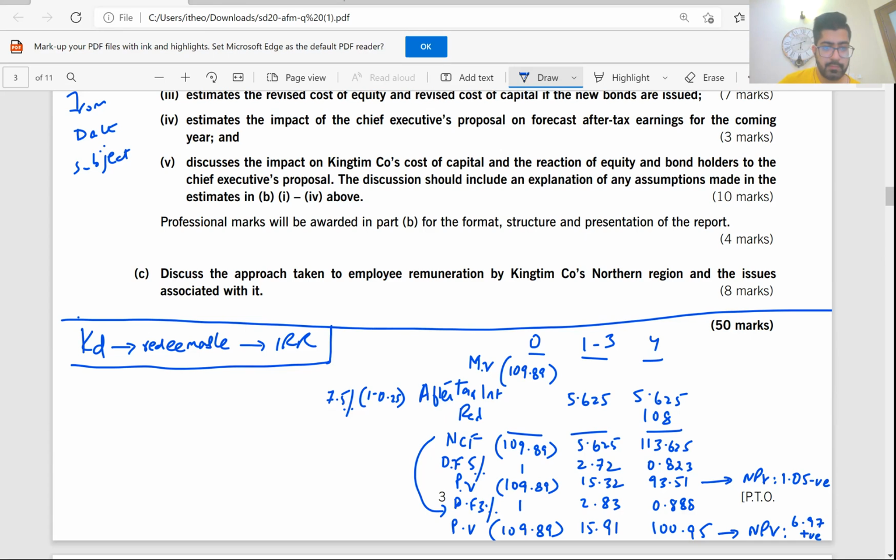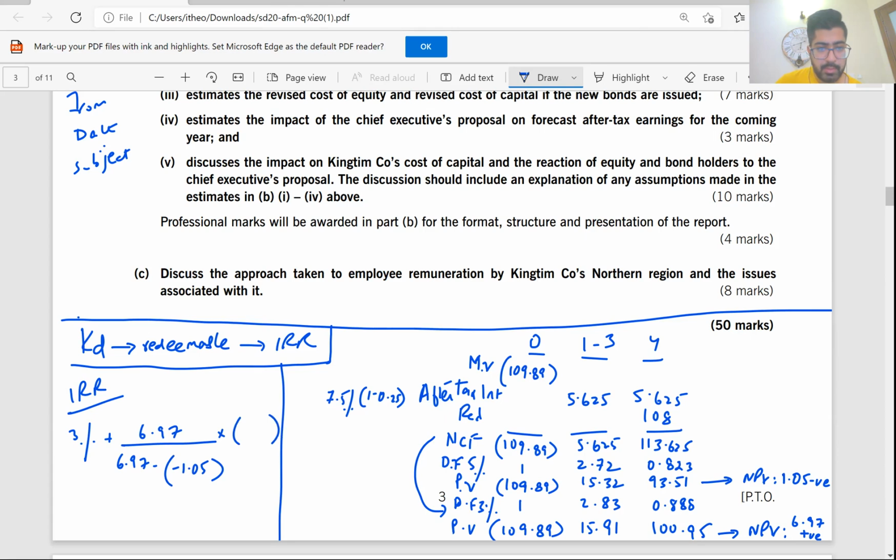Once you have the positive and negative NPVs, you put them in the IRR formula. Small a, the rate of positive NPV, 3%, plus capital A, positive NPV 6.97, divided by positive 6.97 minus negative NPV, negative 1.05, times small b, rate of negative 5% minus positive rate of 3%.